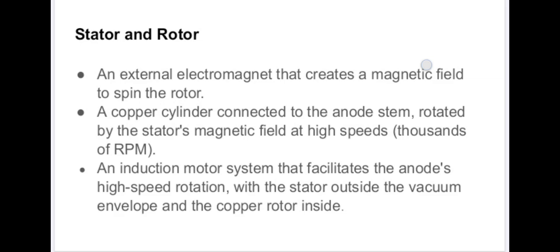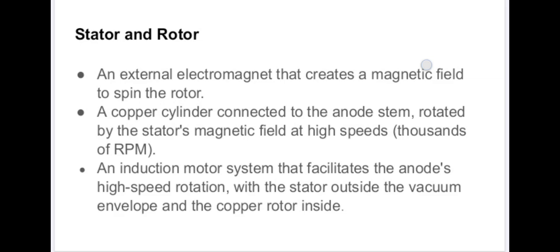Both the stator and rotor together are called an induction motor. When the stator coils are energized, a rotating magnetic field is produced which induces current in the copper bars of the rotor. This induced current produces an opposing magnetic field that causes the rotor to spin.